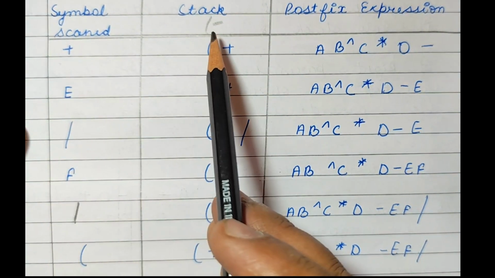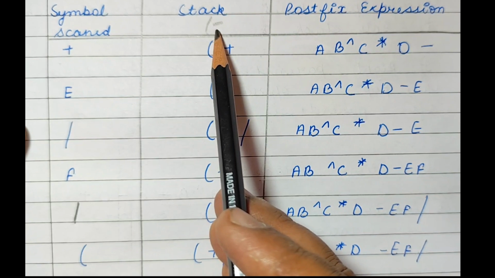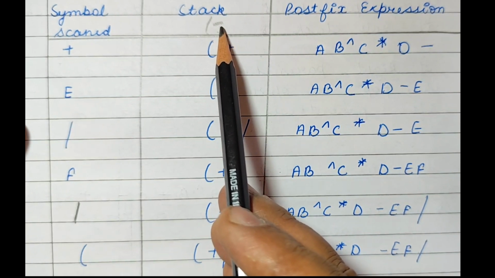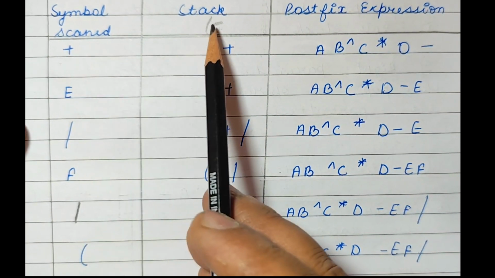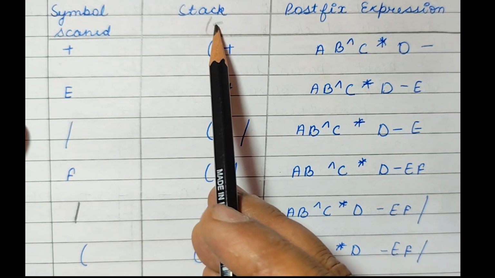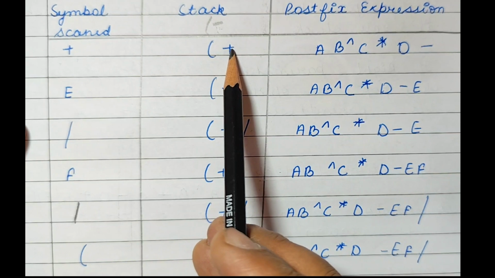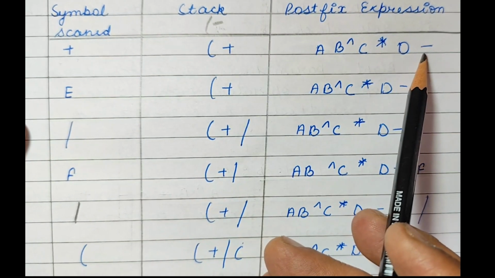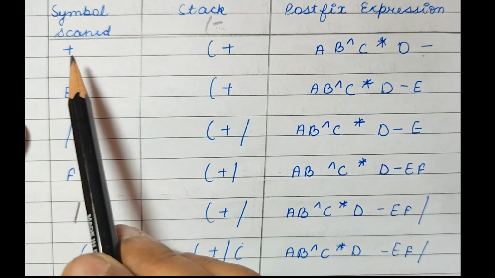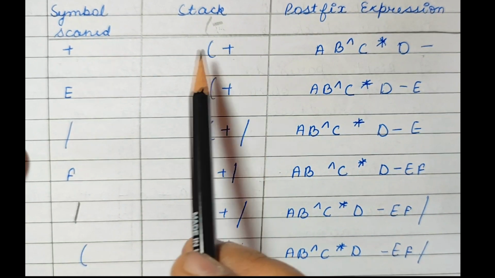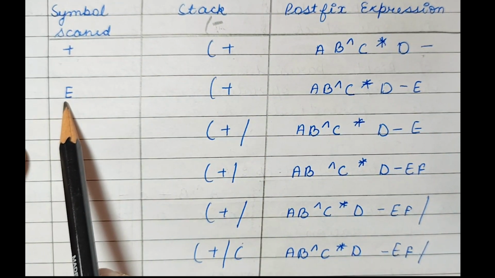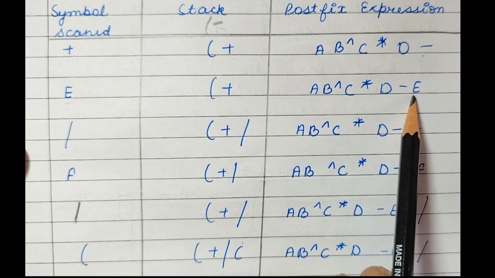Now we check the priority of the operator which is already in the stack. Now minus and plus have the same priority. So we pop this minus from the stack and push plus in the stack. So minus we write as such here and we push plus operator in the stack. After this we have capital E. Capital E is an operand, so we write capital E as such.